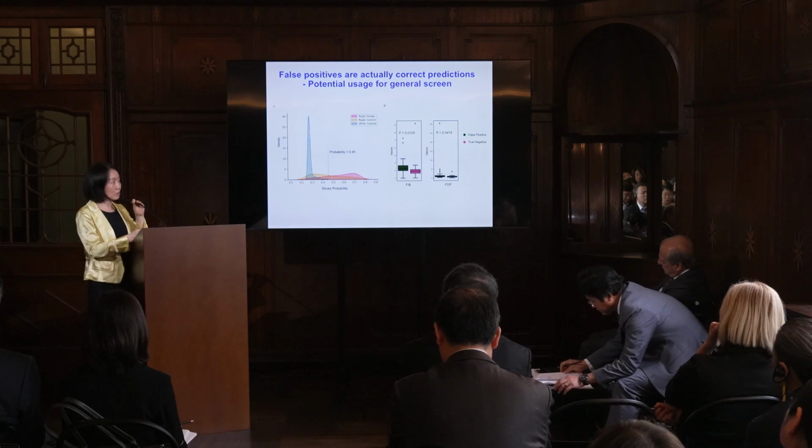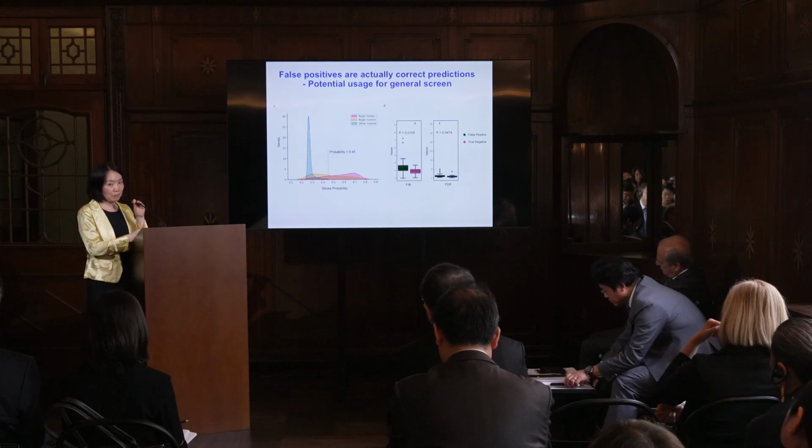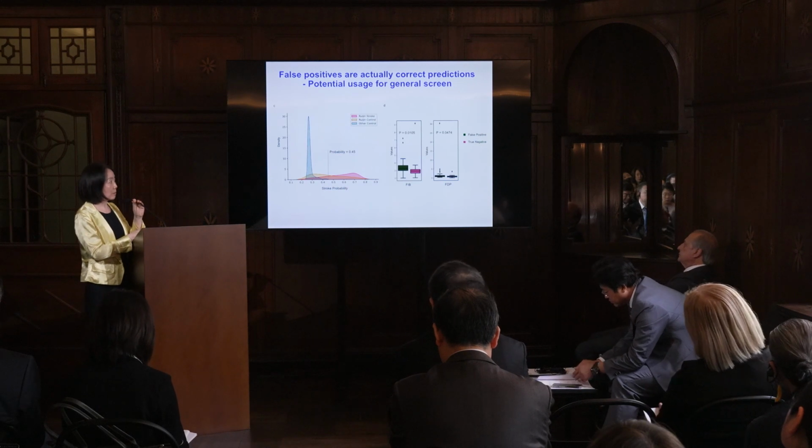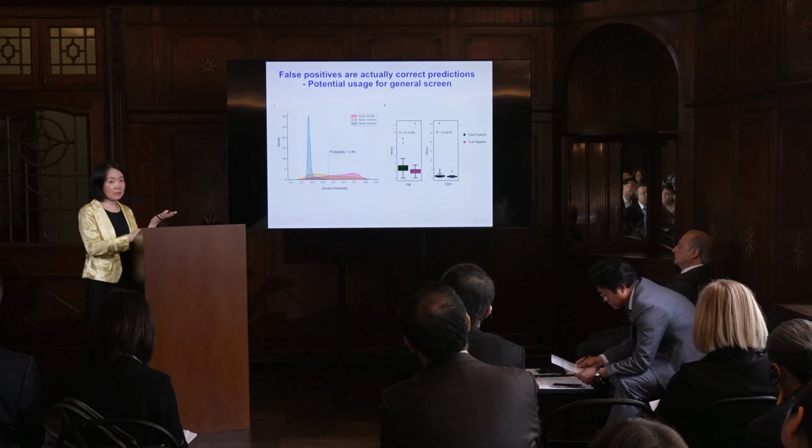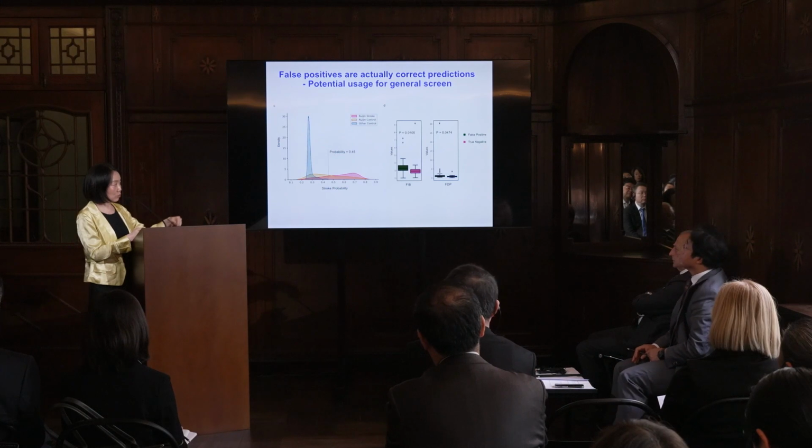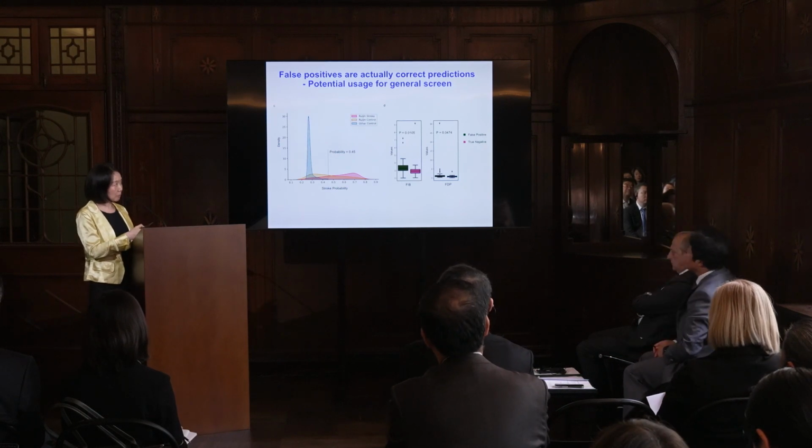Then we asked if these people actually have the tendency of getting stroke. Indeed, their blood parameters also show higher association with stroke risk factors, such as these two clotting factors.